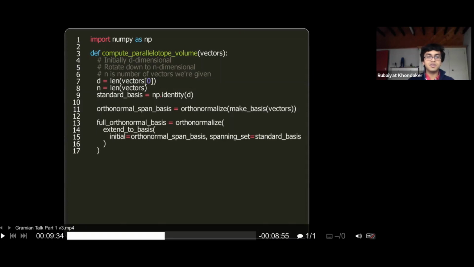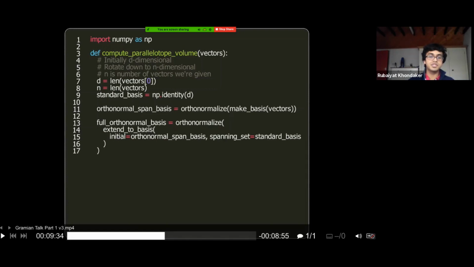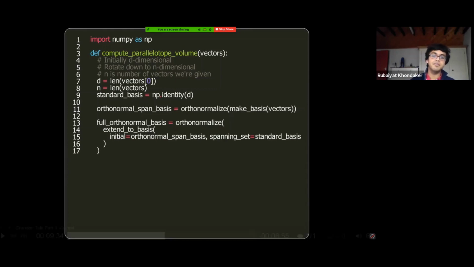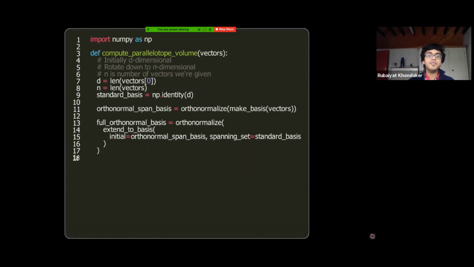Then we start off with our orthonormal basis just for the span. We extend it to one of the full space by using the standard basis as our spanning set to add vectors in from. Then after that, we orthonormalize it. And then our orthogonal matrix is going to be the change of basis matrix.